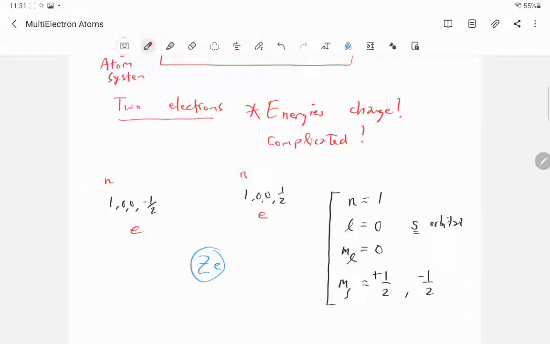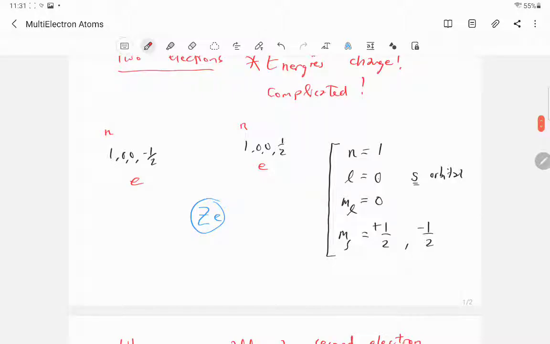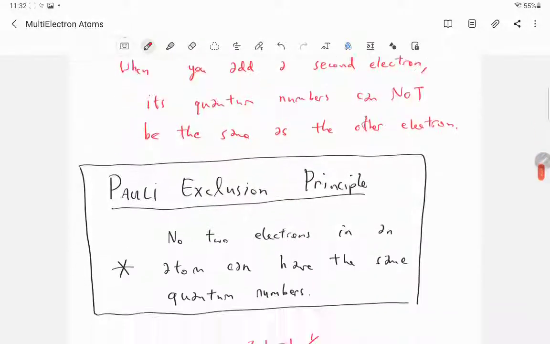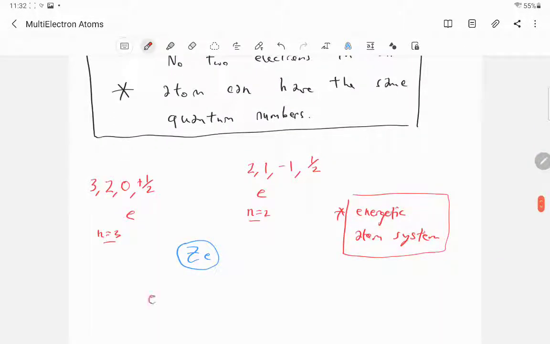It's the smallest possible energy. So if this is the smallest energy, this is called the ground state, right? And this state here is an excited state.